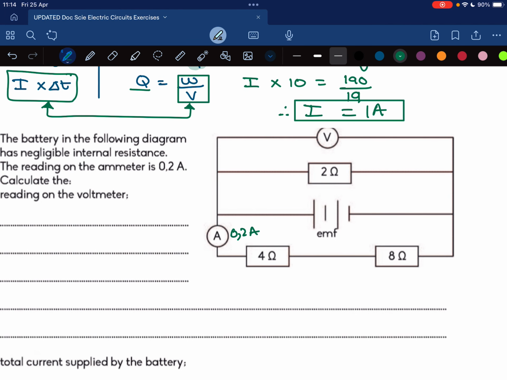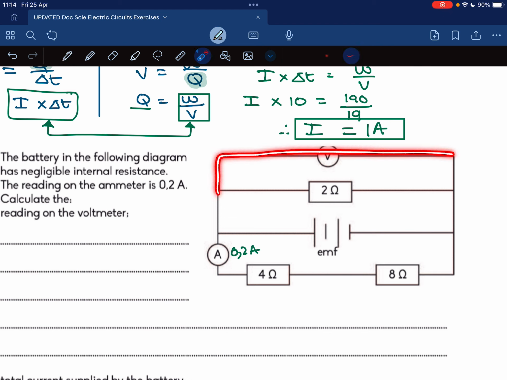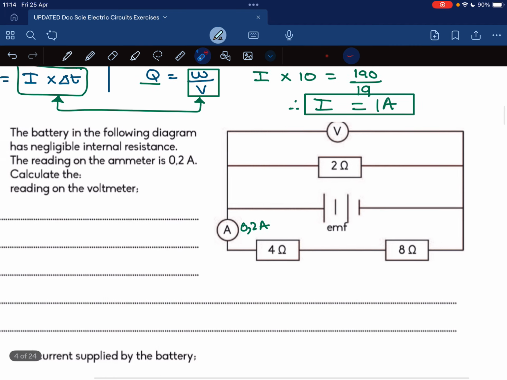Okay, so the voltmeter is giving you the total voltage, isn't it? Because if you think about it, it's connected over this 2 ohm resistor, but it would give you the same voltage as connected over here. So don't get confused again with this.